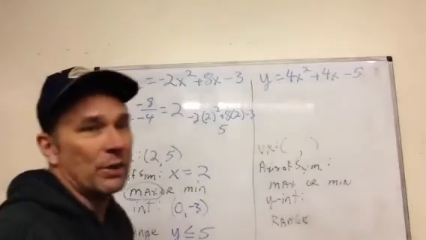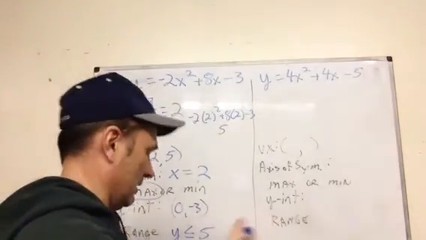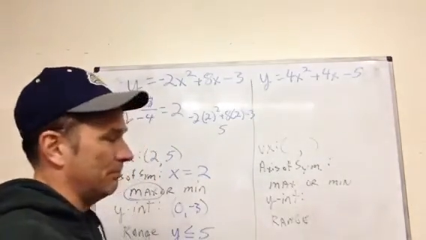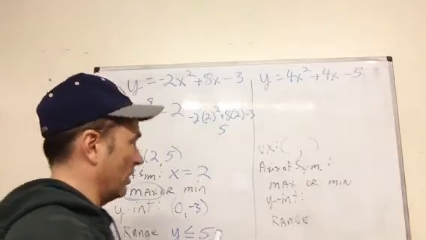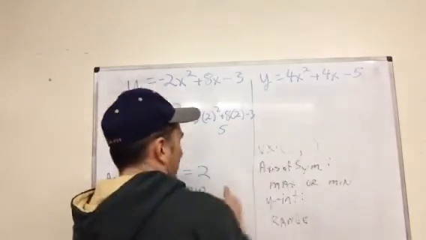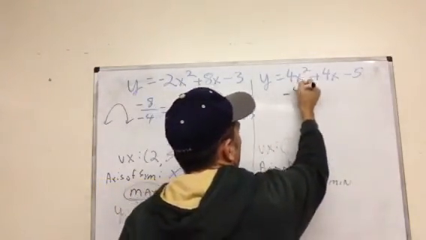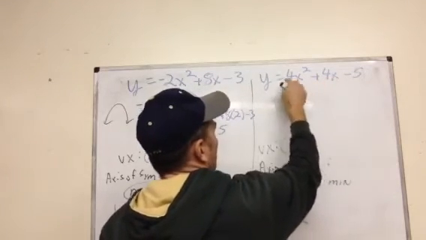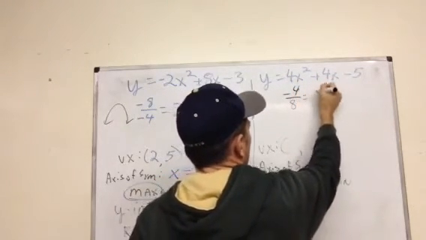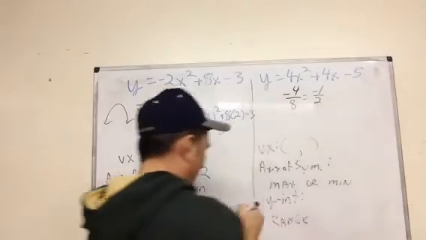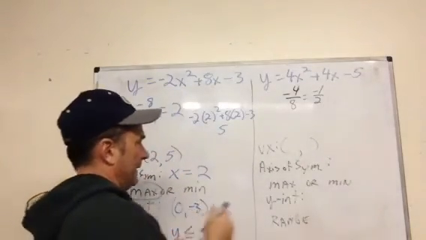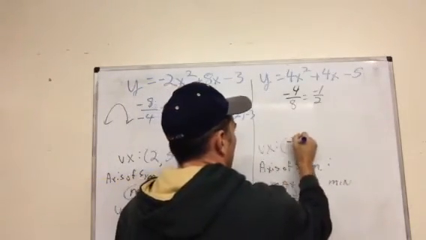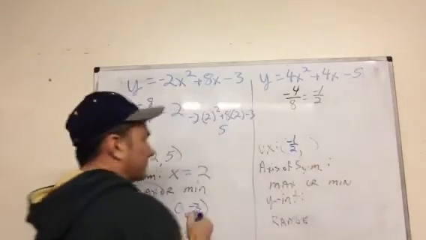Over here, we have another problem. Now, I'm going to throw a fraction, or a decimal, in here for our vertex. We start with this as -4 over 2 times 4, which is 8, and we get -1/2. That's the first part, the x value of our vertex.